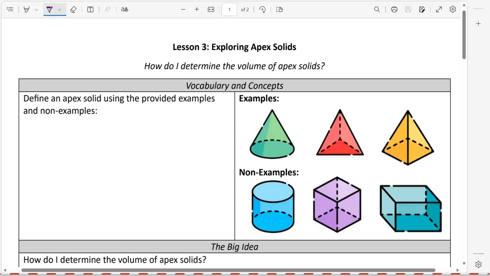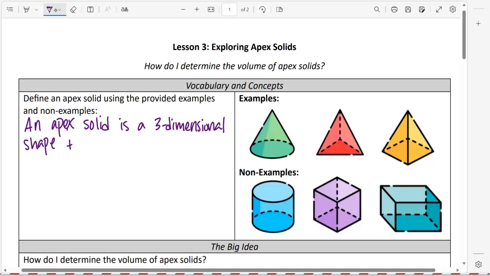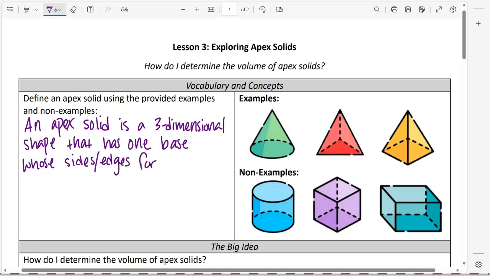So go ahead and write this with me. An apex solid is a three-dimensional shape that has one base whose sides or edges form a point.